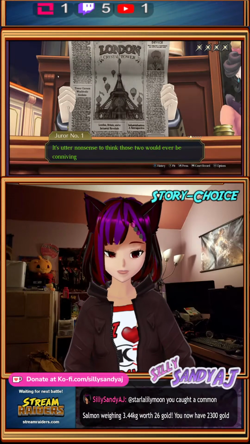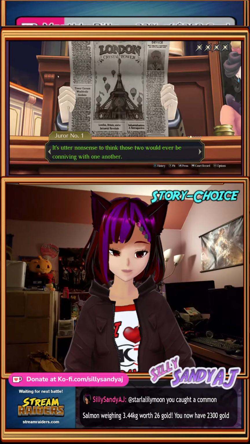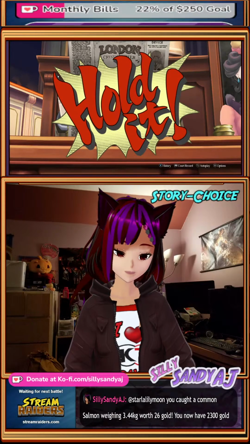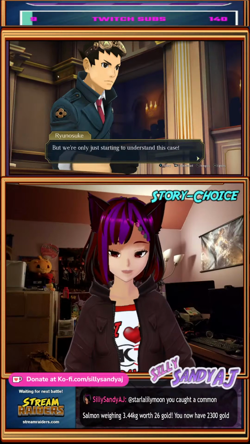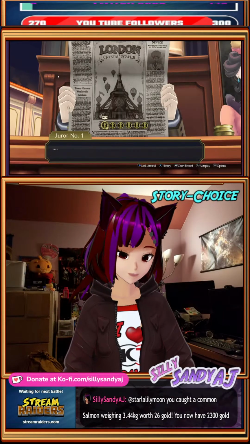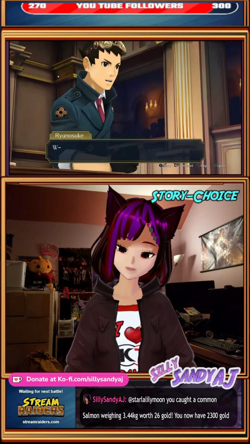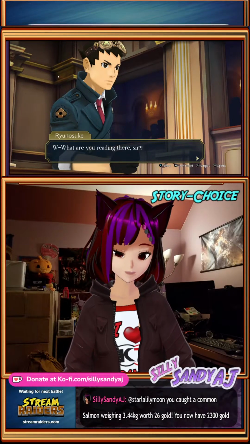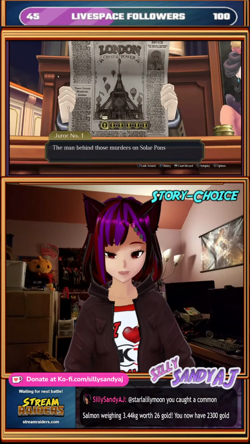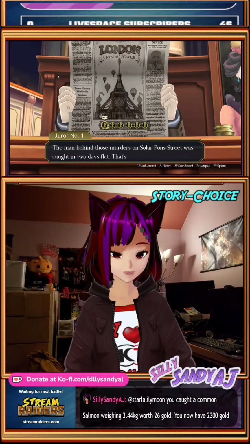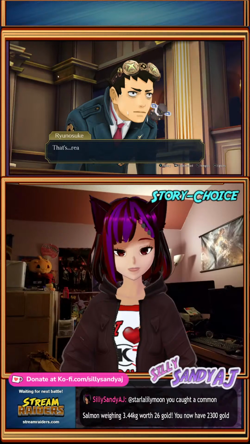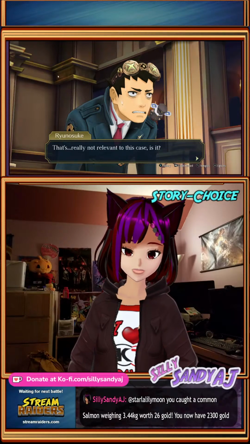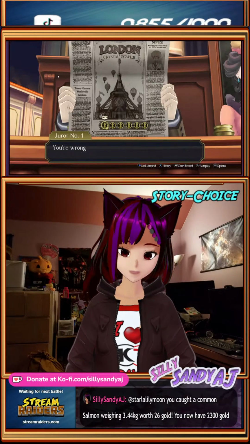It's utter nonsense to think those two would ever be conniving with one another. Hold it! But we've only just started understanding this case. What are you reading there, sir? The man behind those murders on the Solo Pond Street was caught in 2 days flat. That's real policing for you. That's really not relevant to this case, is it? You're wrong there.